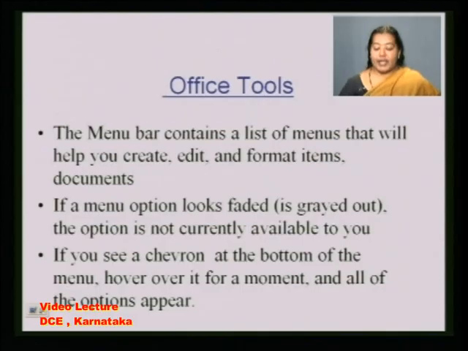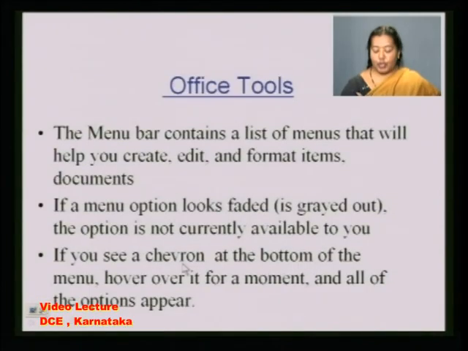This is called a menu bar. So what does a menu bar contain? A list of menus that will help you create, edit and format items. If a menu option looks faded, it means it is not available to you. In the next classes when Word is taught to you, we will show you this option and demonstrate what the option is.